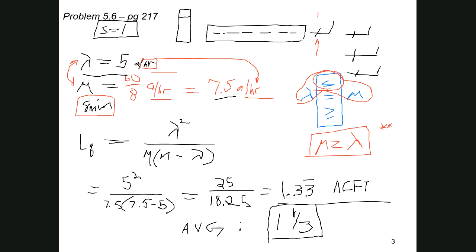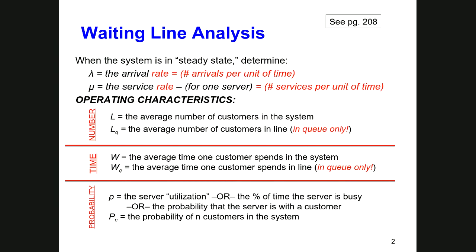Now let's go ahead and look at the second part, B, and then part C together. So part B says, find the average time a plane must wait in line before it can land. What's the average time a plane must wait before it can land?